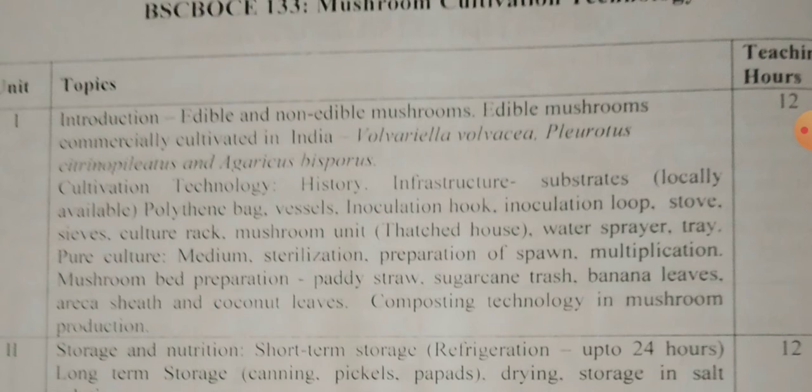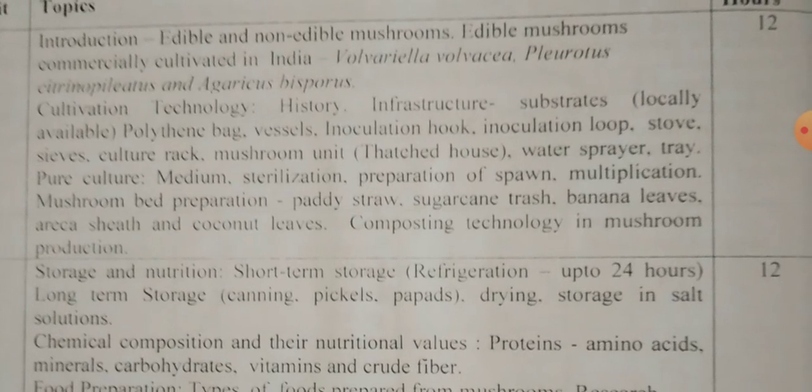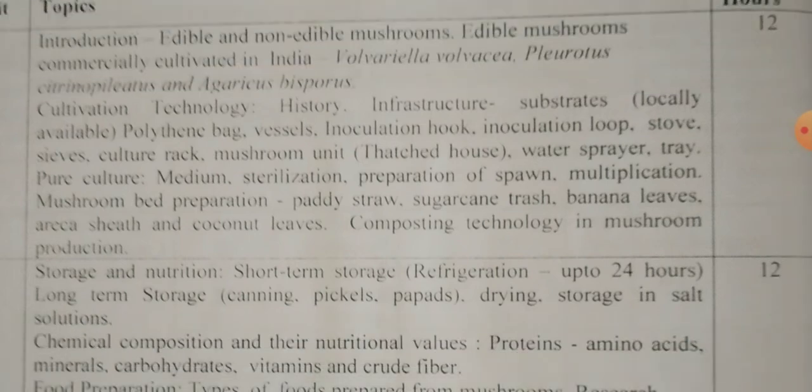In the second chapter you will have the cultivation technology of mushroom, that includes the history and the infrastructure needed for the cultivation. There are different materials required for the cultivation, such as polythene bags, vessels, and an inoculation loop for the inoculation of the media, and spawn inoculation, the maintenance of hygiene, and the maintenance of the culture, that is the sterilization process, preparation of the spawn, and preparation of the bed for mushroom cultivation.